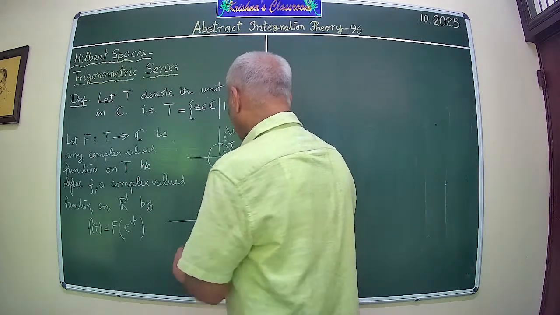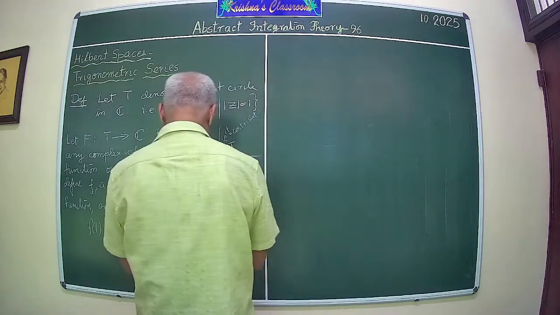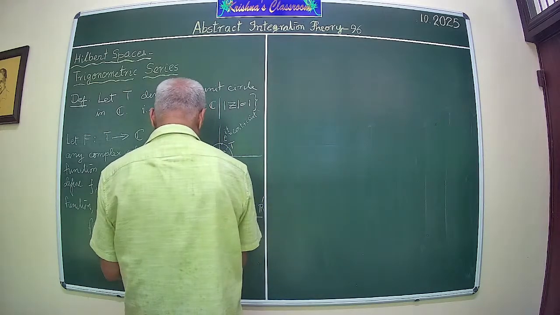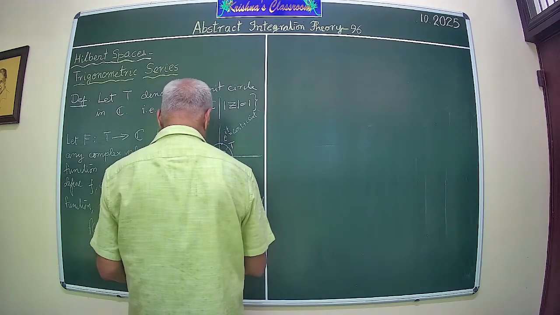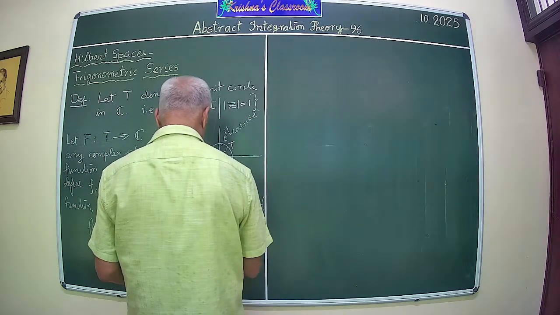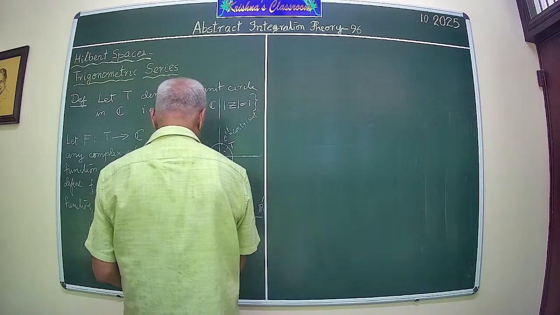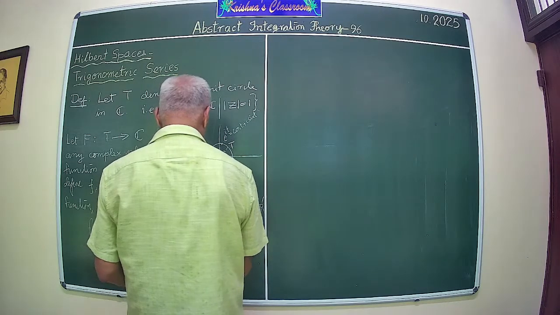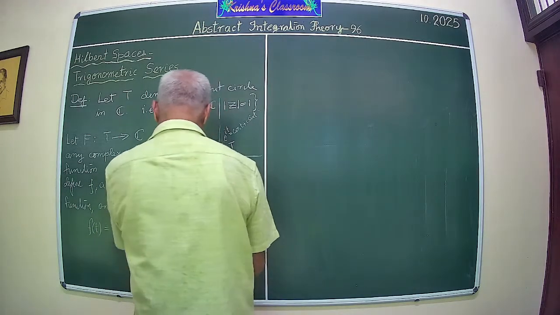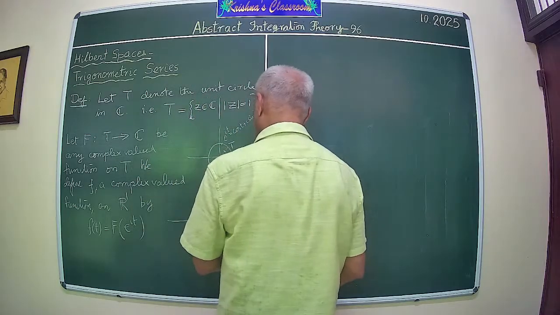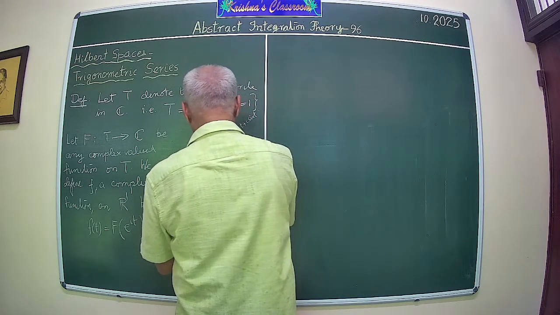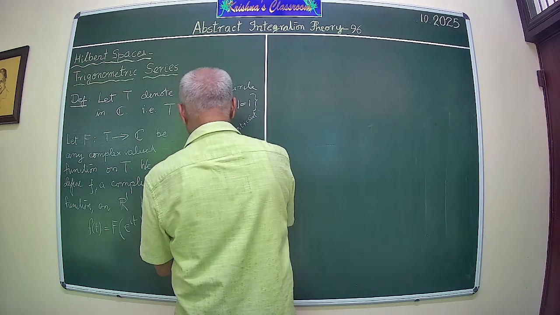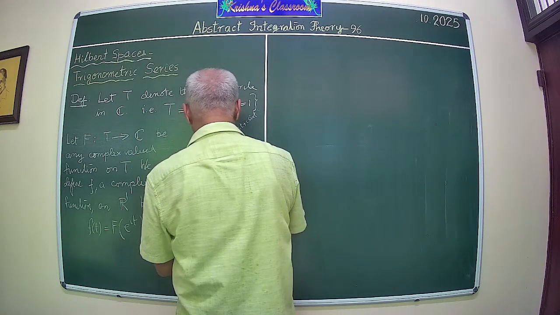Now you see that if you take t from minus pi to plus pi, as t changes from minus pi to plus pi, e to the power it just goes around this circle.